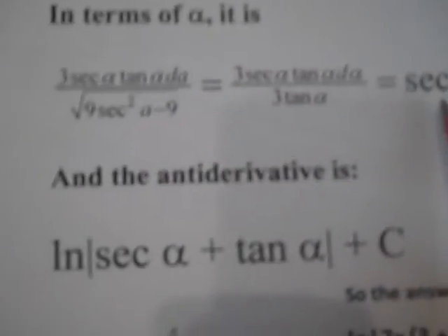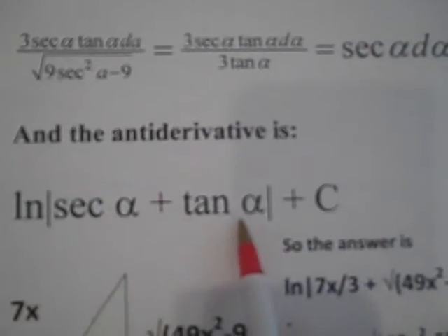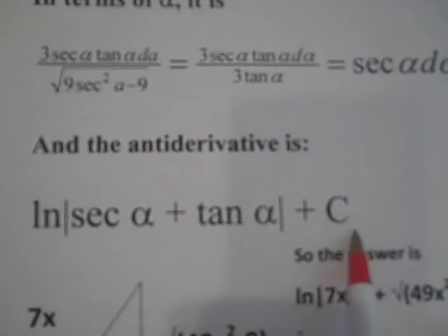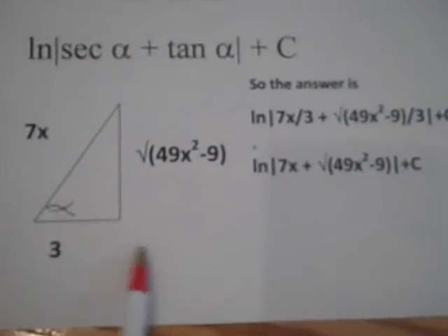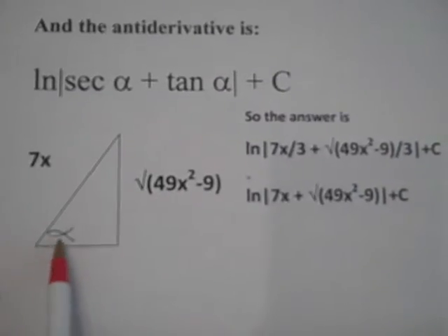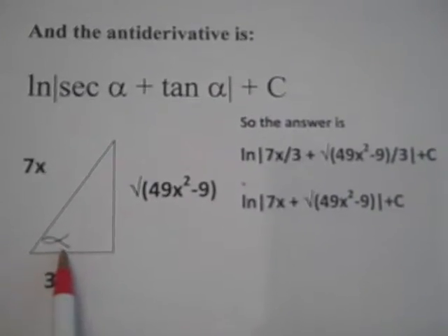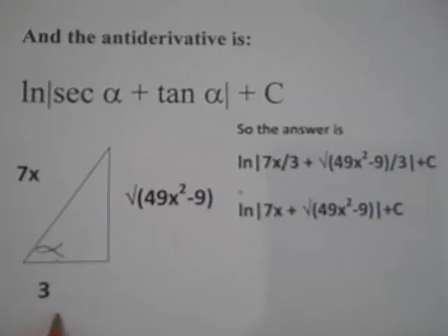All right, so if I have now the antiderivative of the secant of alpha, I know that it's the ln of the secant of alpha plus the tangent of alpha plus c. And now I go back to that triangle that I should have drawn when I set up my original identity. Here's alpha, and remember the secant was 7x over 3.